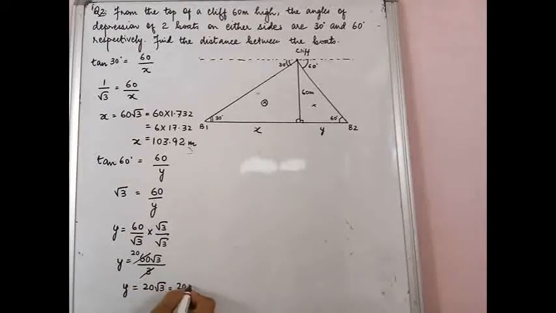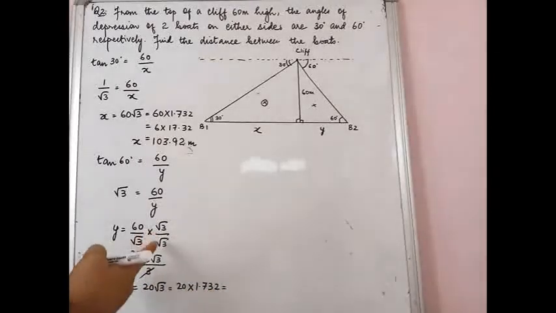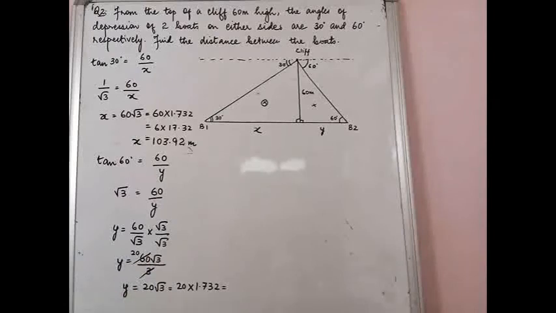So that means 20 into 1.732 is going to give you. Now you see, by rationalization I have actually simplified the calculation because multiplying by a decimal number is easier than division. So this becomes 2 multiplied by 17.32.